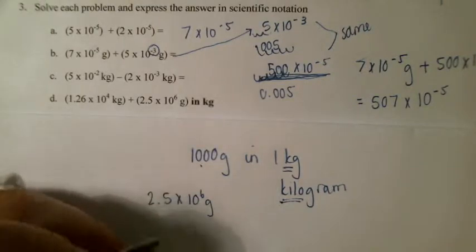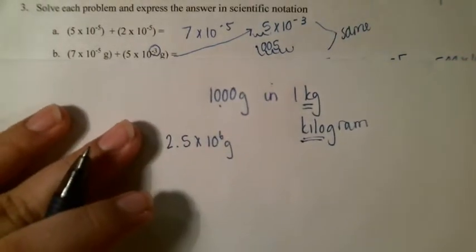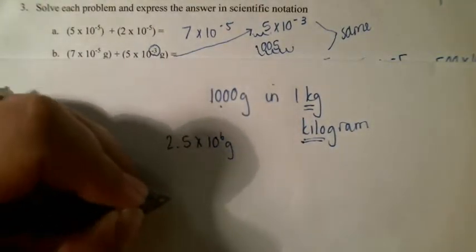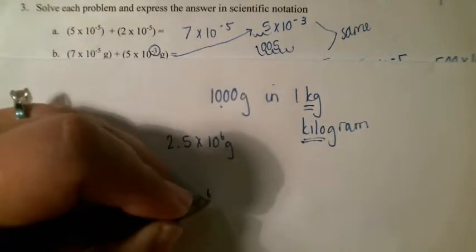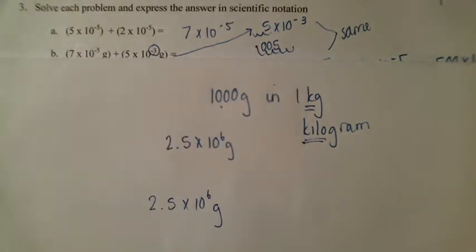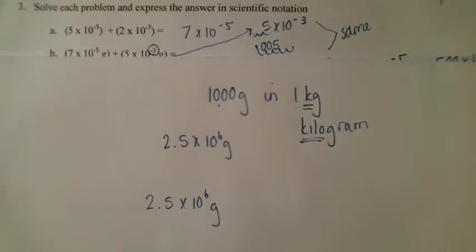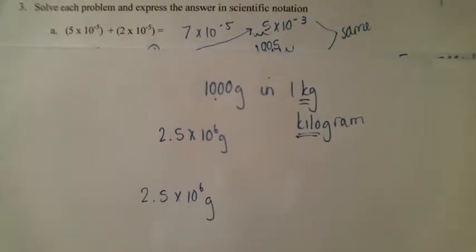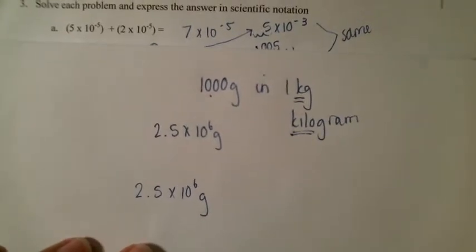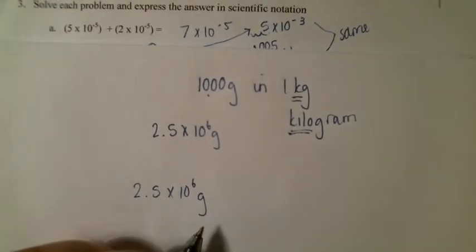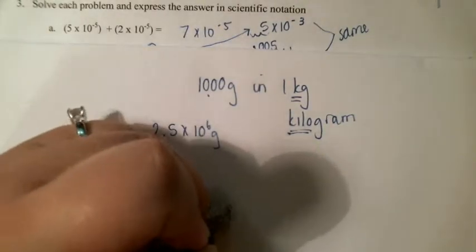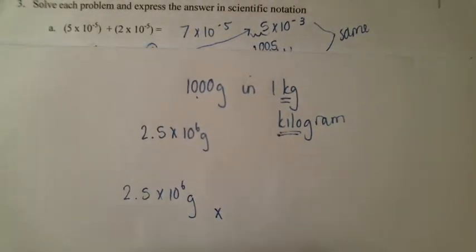A good way to do this, let me write it down here, 2.5 times 10 to the sixth grams, is using what is called dimensional analysis, where you use conversion factors, and we will be getting into that next. But for the time being, since we know there are 1,000 grams in 1 kilogram, we can use that conversion factor.